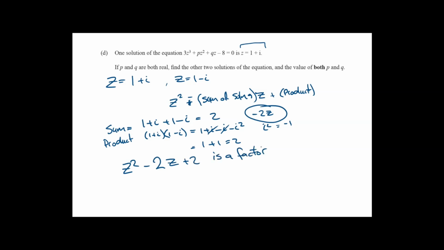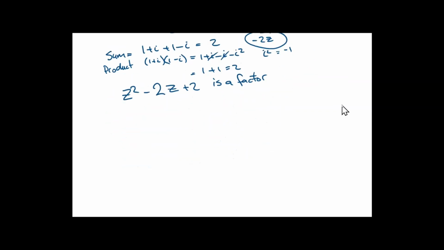So when we multiply this by something else, we must also get what we started with at the top. Okay, so let's see how far we can get. So we know that z squared minus 2z plus 2 is going to be multiplied by something, z plus a constant.